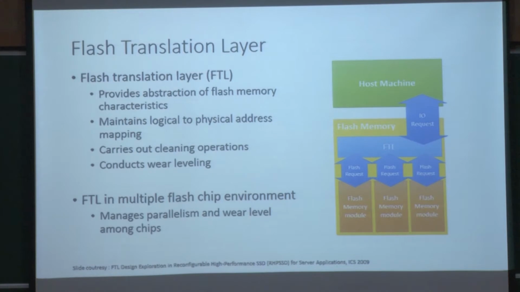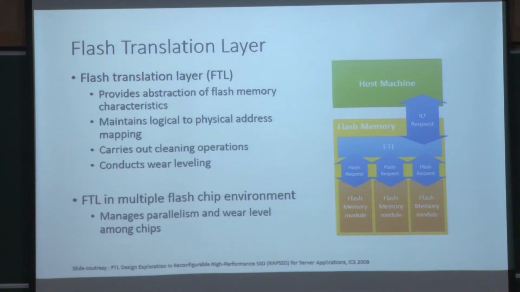That's essentially the job of the flash translation layer, right? So there's a layer of indirection that sits in the middle that catches all the requests that are coming from the CPU side and translates them into the requests for reading or writing to particular pages in the SSD itself, right?